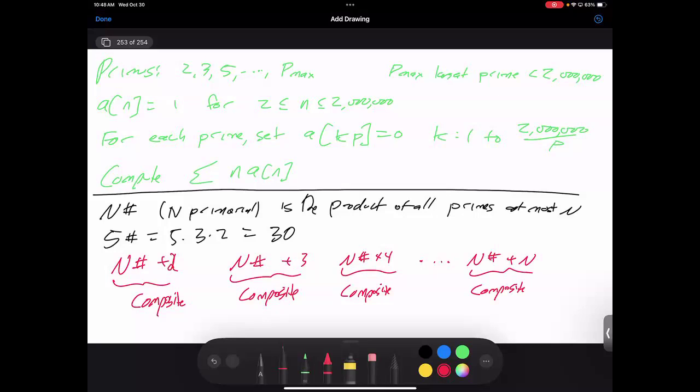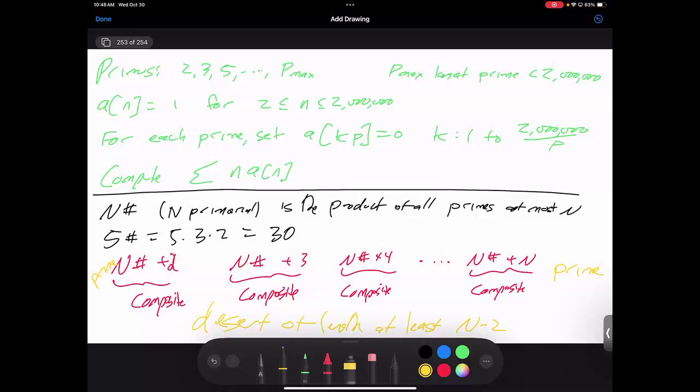So clearly, at least up to n primorial plus n is composite. So we've just shown, best case is maybe we have a prime here and a prime here, and we have a desert of length at least, I think, n minus 2. So this is a simple proof that you can have arbitrarily large gaps between primes.